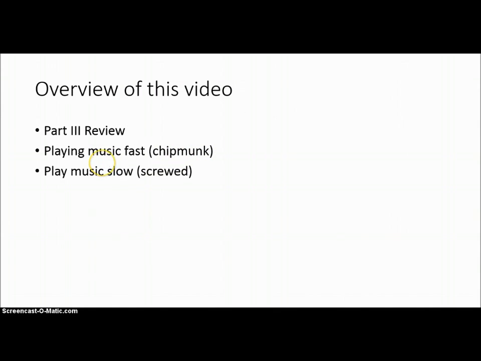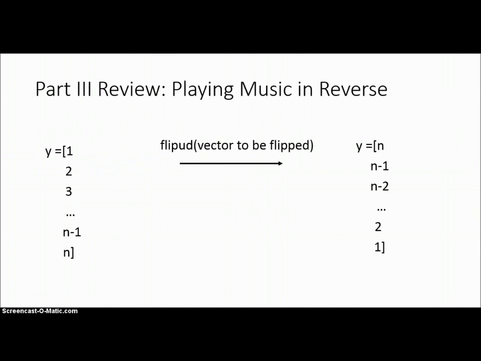Okay. All right. So let's take a look back first at what we did in part 3. And remember, in part 3, what we talked about was reversing music. And we said that music is stored in these structures called vectors. And you have column vectors and you have row vectors.